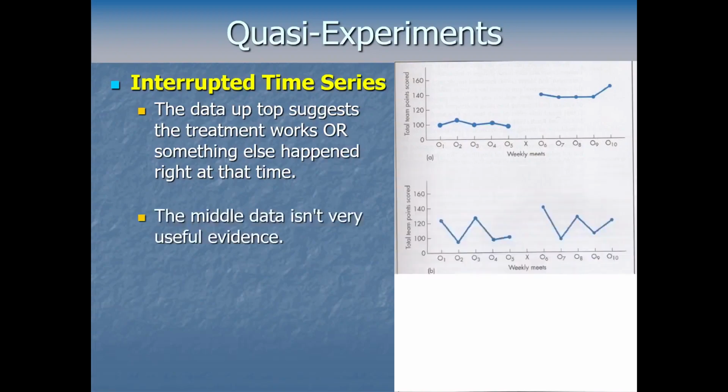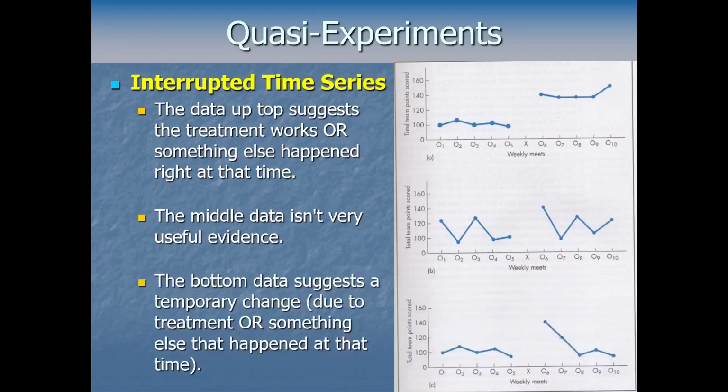Now, meanwhile, if the data comes in like this graph, it's not very useful as evidence for anything, just because it's not clear there is a change, right? There was so much variance to begin with that it's hard to tell if there's a consistent pattern that's different afterward, so that wouldn't help very much at all. Meanwhile, though, we might get data that instead looks kind of like this one at the bottom. So here, there's clearly something new going on right after the treatment, but it just doesn't last very long, right?